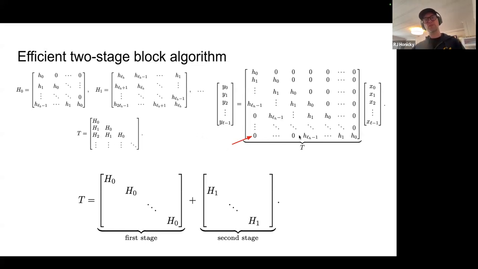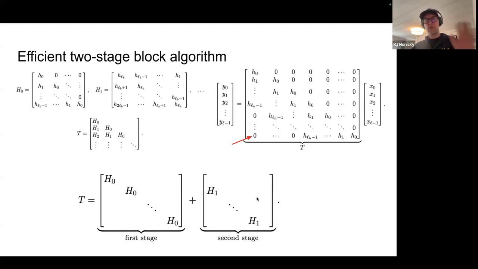What they're saying is that if you have a convolution that's not full, like a short FIR filter that's only L sub H long, then I have all these zeros here. If this is short, then I can actually represent this with just two blocks: the diagonal H0 and then H1 right next to the diagonal.